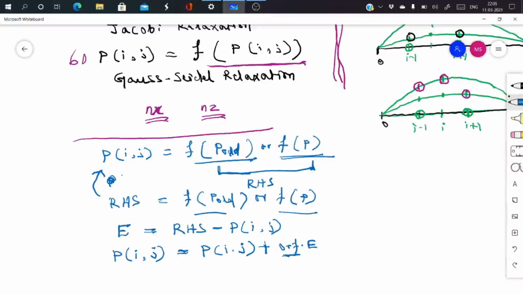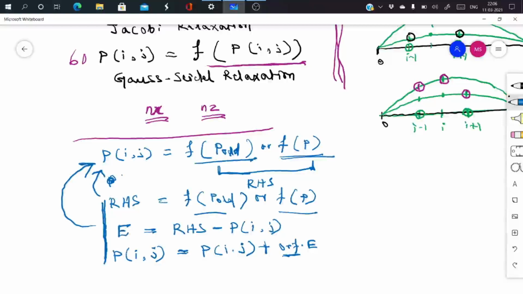So first of all, you write these three lines in place of the single line Pij.